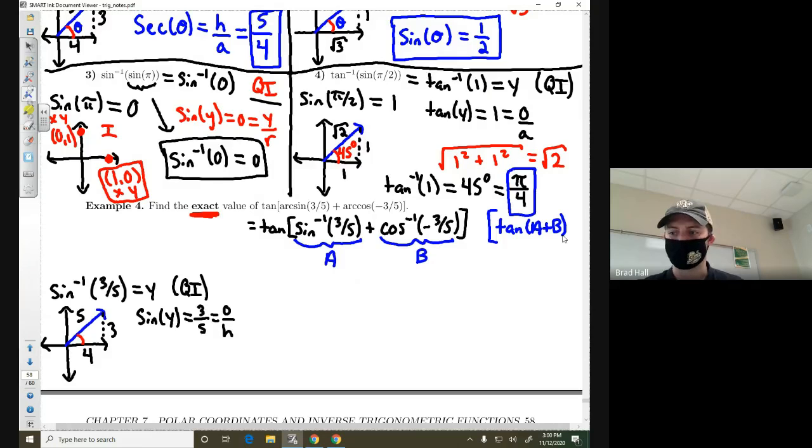But wait a minute, I've seen this before. That's the sum formula for tangent. We have a formula for this scattered somewhere in this conglomeration of trigonometric notes that we have here.